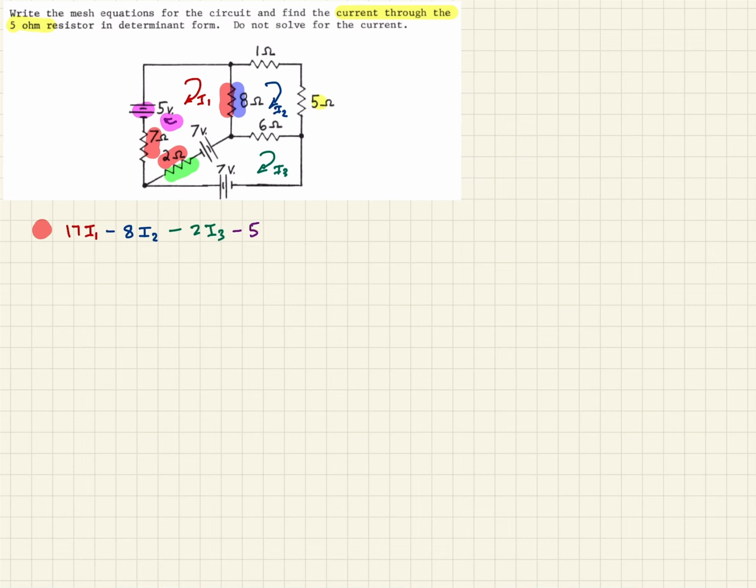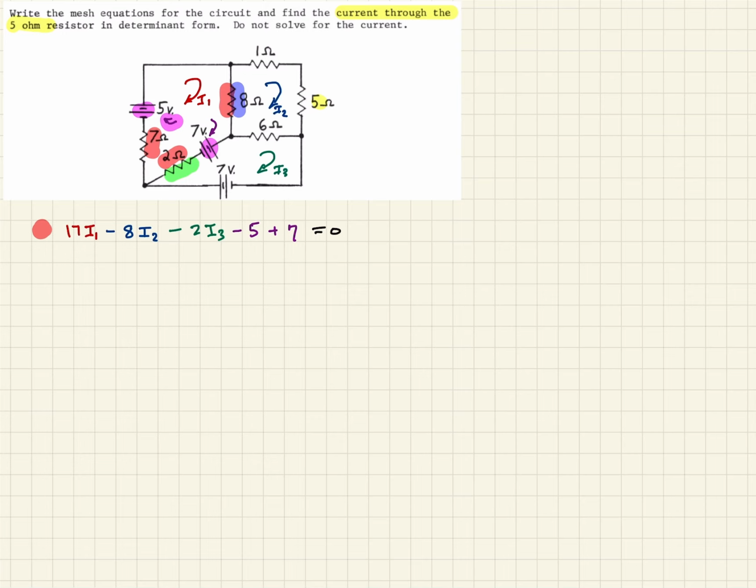Finally, we have this voltage source here as well. When we come in the direction of the current, we hit the positive sign first, so that's going to be plus 7. So that's everything in loop 1, the loop associated with I1, and if we add those together, we should get 0.